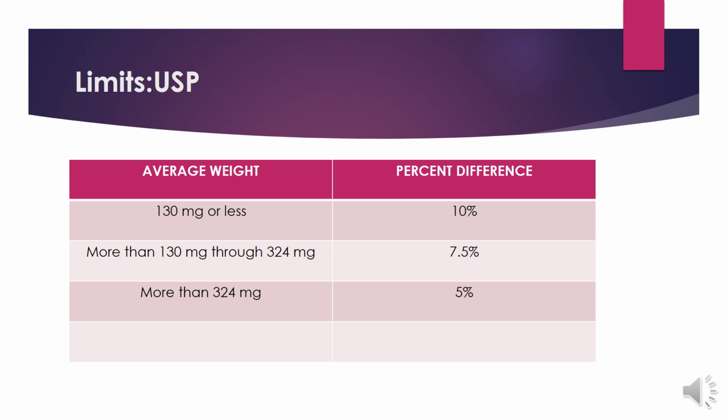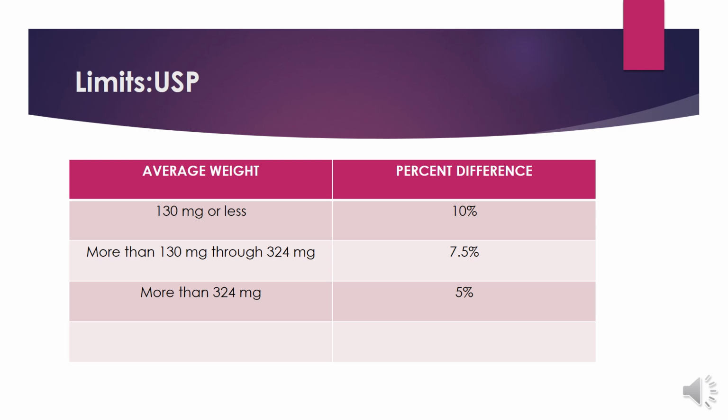Means you have to calculate the 10% of the 130 or whatever less, you can say 120 mg, 100 mg, 15 mg, and so on.